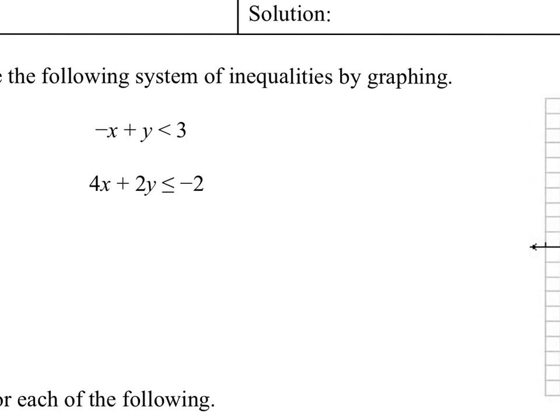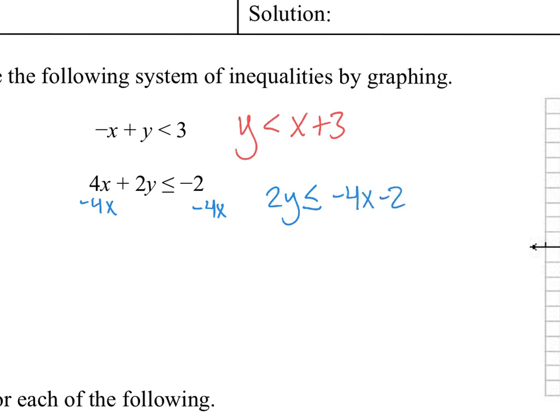So first, solve these for y. So my y is going to be less than x plus 3. And for this one, I forgot, let me work this out. I'm going to subtract 4x from each side. So I have 2y is less than or equal to negative 4x minus 2.